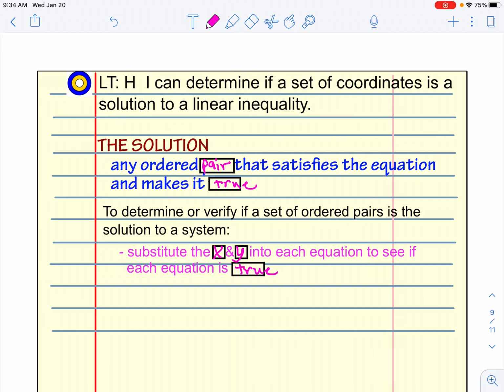Sorry, this is just to verify a solution to, this should actually say the linear inequality. Sorry about that. We just have to plug it into the equation to see if it's true.